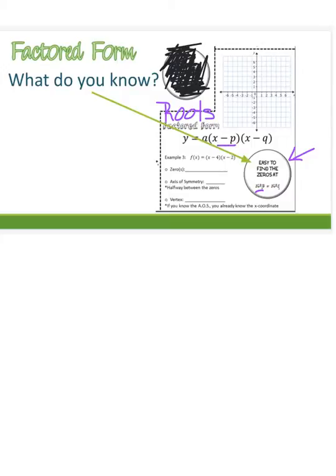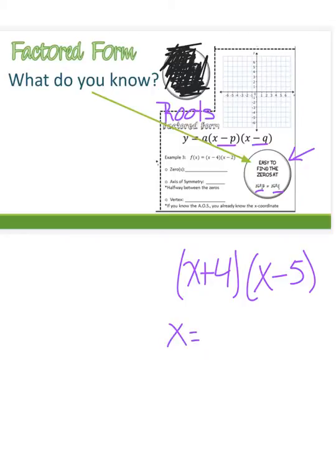So it's important to know that whatever sign you have with the number inside the parentheses, when you write it, it's going to switch. So if I had an x plus 4 and an x minus 5 as my factors, when I talk about where the roots are, where it crosses the x-axis, I would say it crosses at x equals negative 4 and x equals positive 5.